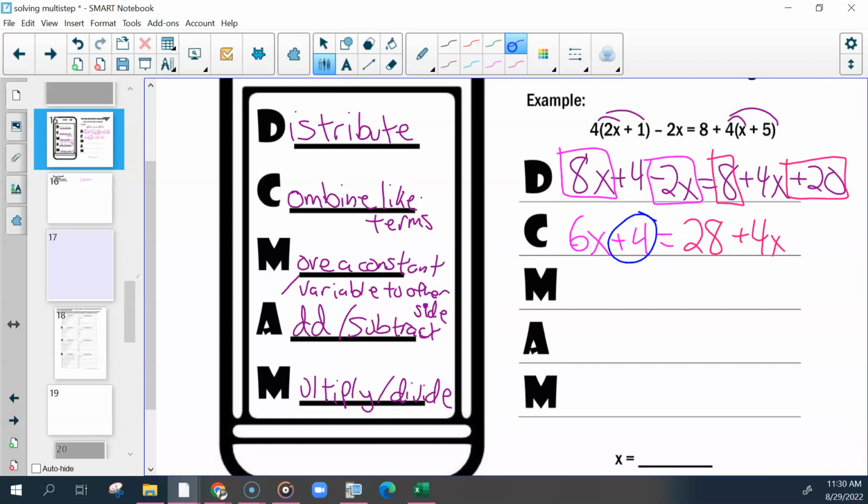Adding or subtracting? Subtracting, because we have to use our inverse. So we're going to subtract that to the other side. But when we do that, they have to match up. We can't put a 4 that doesn't have an x with something that does have an x and vice versa. So constants with constants, variable terms with variable terms.